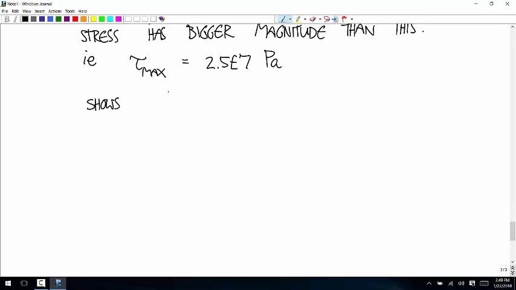It shows up in compression fractures of brittle materials.